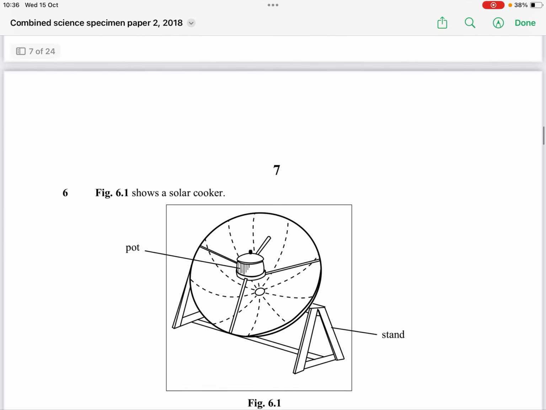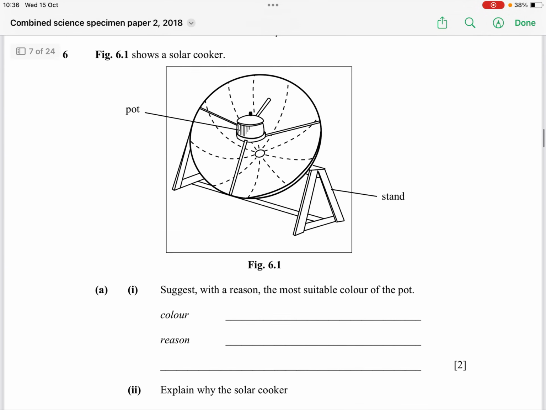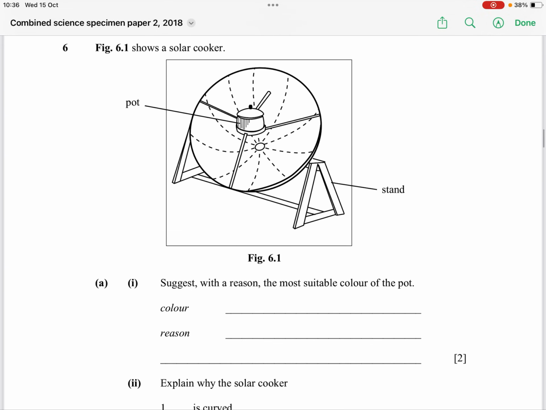So let us now proceed to number 6. Fig 6.1 shows a solar cooker. Suggest with a reason the most suitable color of the pot. So the most suitable color is black. Why is black a suitable color for the pot? This is because black is a good absorber of heat.